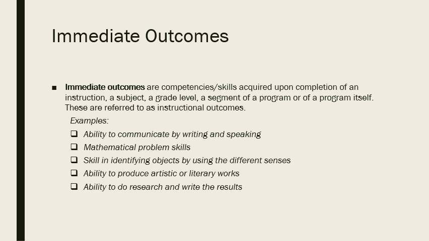When you say immediate outcomes, these are skills acquired upon completion of an instruction. So let's say, for example, after a certain class, or after finishing the semester, or after finishing the grade level or the year level, or a segment of a certain program, or a webinar, or a seminar, or a program itself.